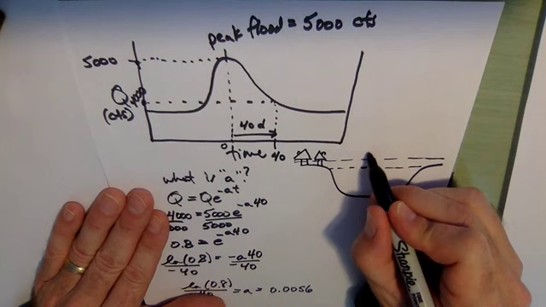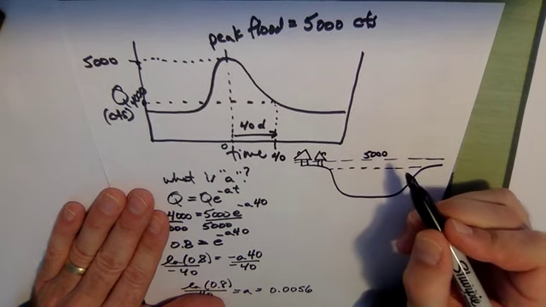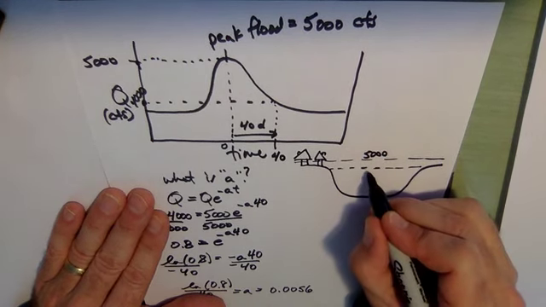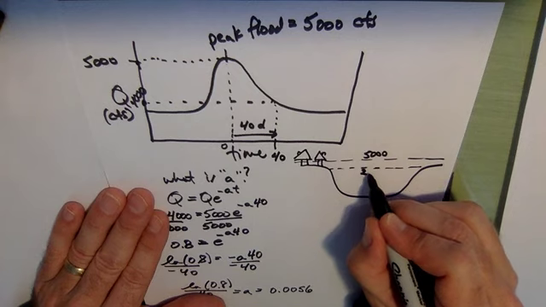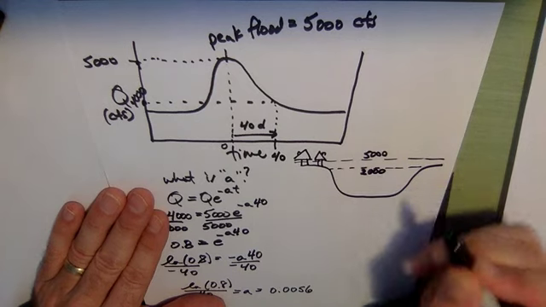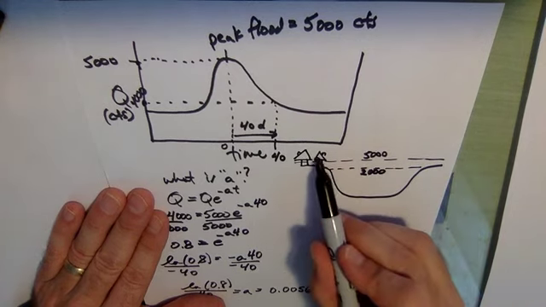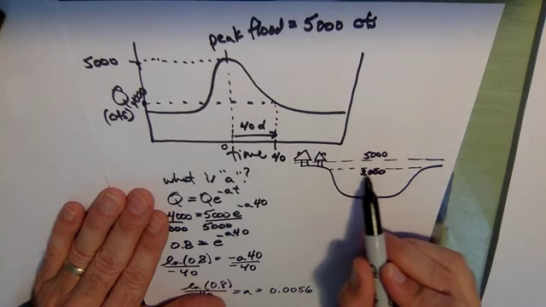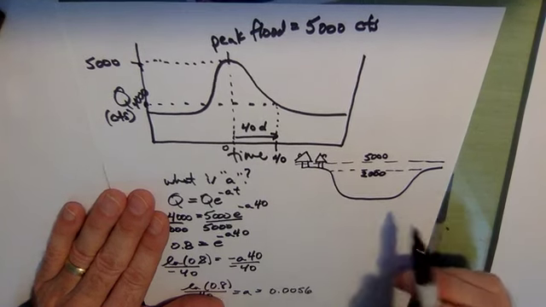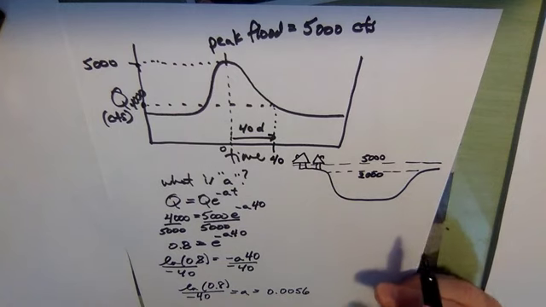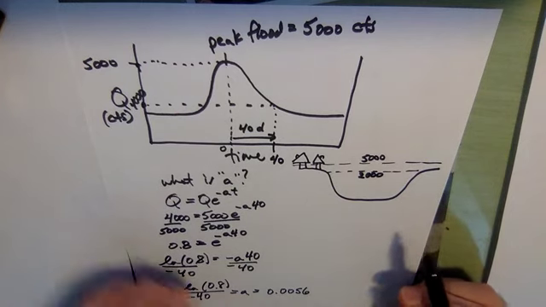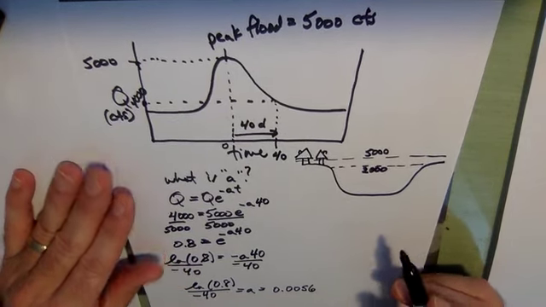Which, let's say this is 5,000 CFS. Let's say this is 2,000 CFS, okay? So when the water level in Q, the discharge, drops back to 2,000 CFS, then people can return home. How long is that going to be until they are able to return, right?